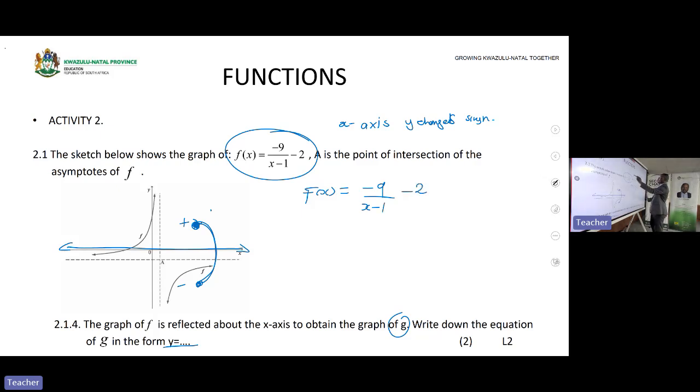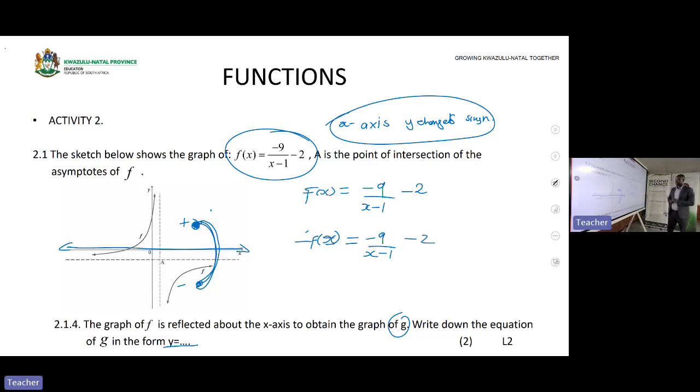So as I said, when you reflect about the x-axis, what changes is the sign of y. The sign of y will change and become a negative. So here we are going to have negative y, equals to -9 over x minus 1 minus 2. So that's how we are going to start it.